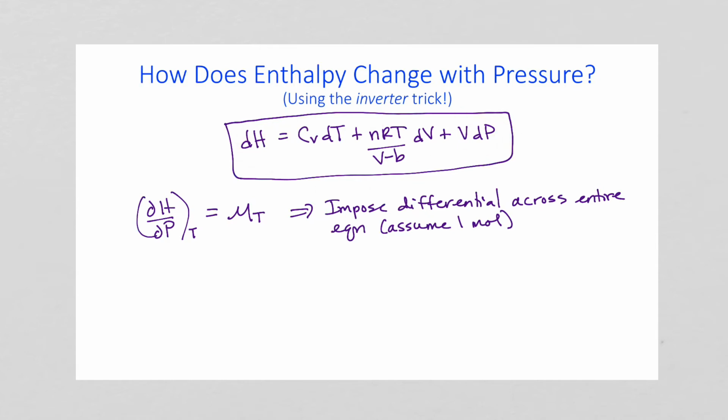Okay, so what we'll do is we'll simplify things by assuming that we have 1 mole of our substance, so that will get rid of our n's, so we can simplify things a little bit.